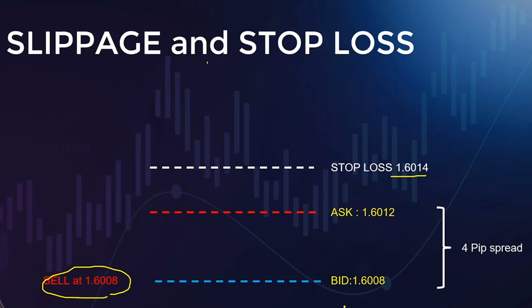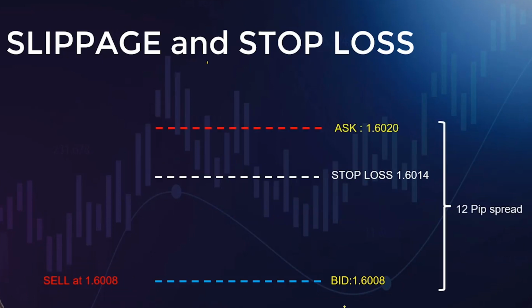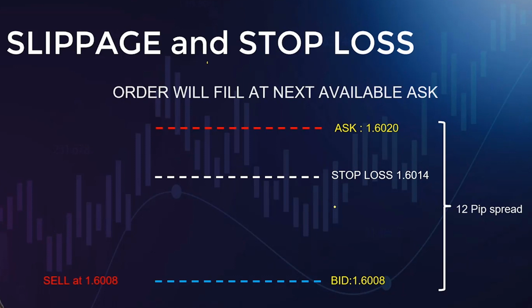Some data releases move the market spread, and that spread has now widened to 12 pips. The ask price has now driven above my stop level. That is going to execute my buy stop to get out of that losing trade. But it won't execute necessarily at 6020. It will execute at the next available ask price, which could be much, much higher. So be aware of that.